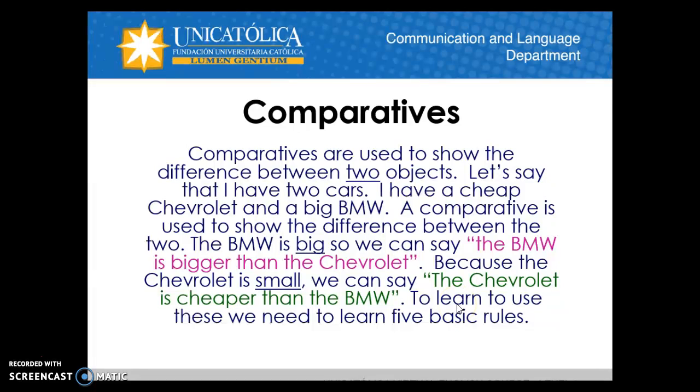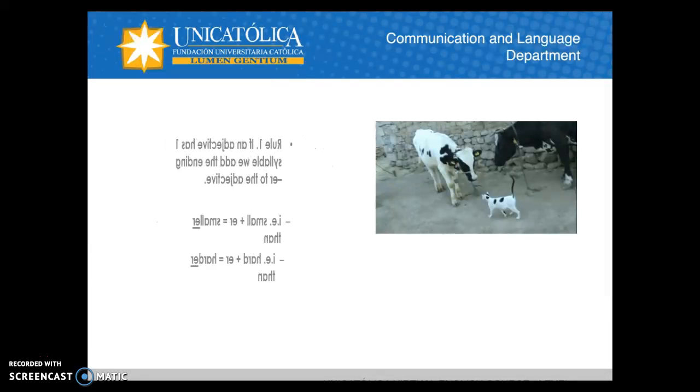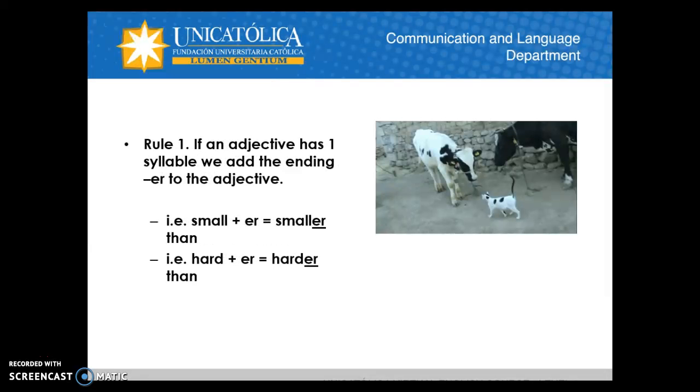To learn to use this, we need to learn 5 basic rules. Rule number 1, look at the picture. If an adjective has one syllable, we add the ending ER to the adjective. So we have the adjectives small, hard, so you just add ER.